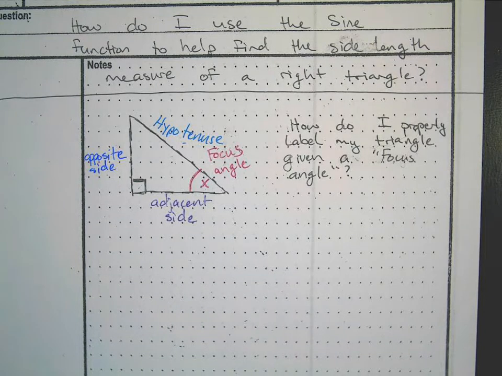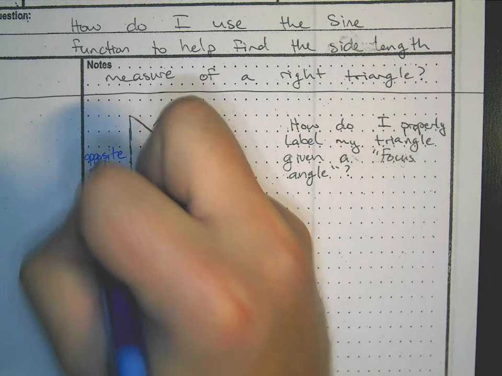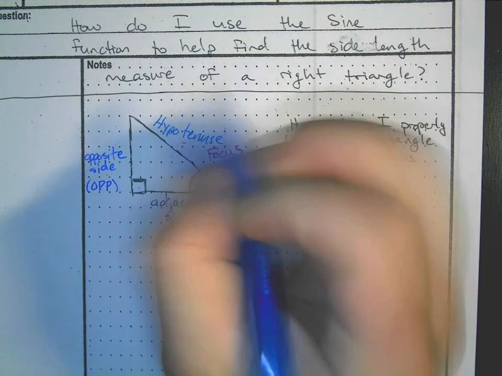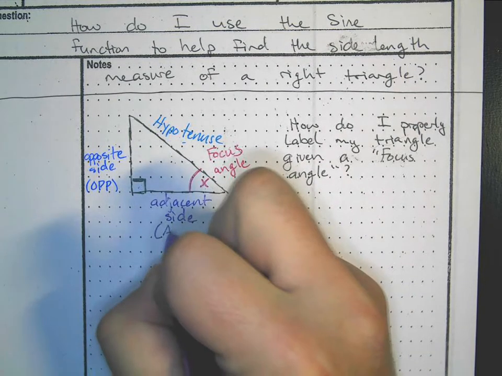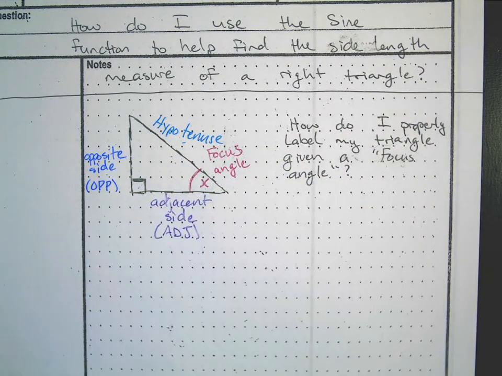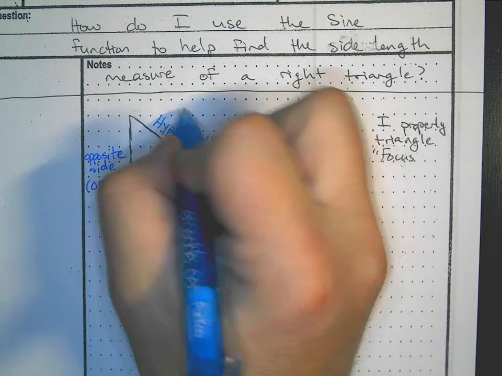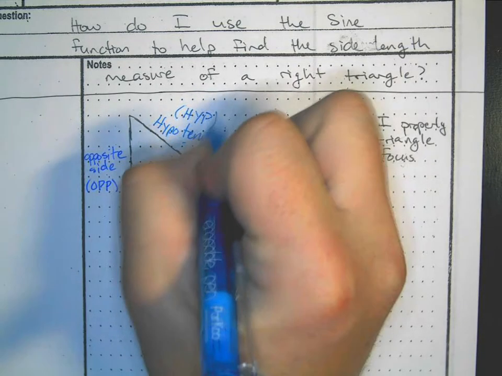Okay, so we're going to use some abbreviations to help us. Opposite will be OPP. Adjacent will be ADJ. And hypotenuse will be HYP.